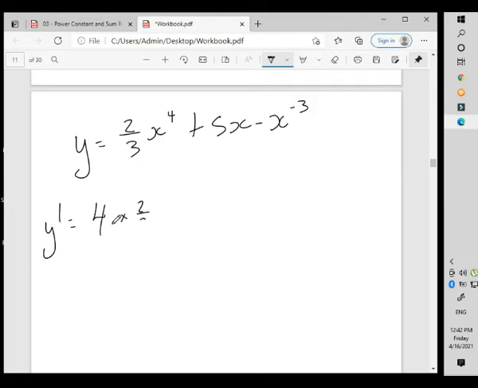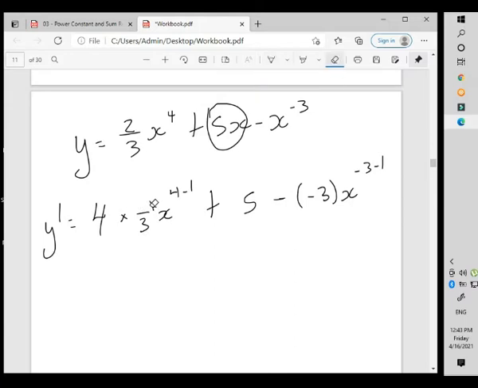times 2/3 x to the 4 take 1, plus I'm just going to simplify this into the derivative, which is just 5, minus, since this is a minus sign, I'm going to put bracket minus 3x to the minus 3 minus 1. This is dividing.